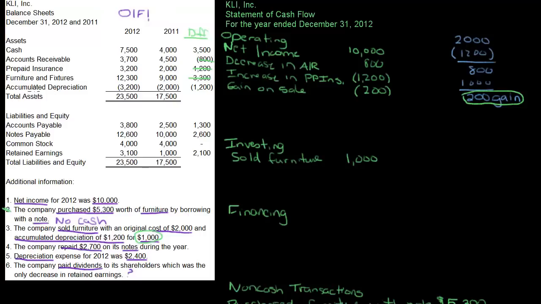Okay. Now, accumulated depreciation changed by $1,200. Well, what do we know about depreciation? It says here we removed $1,200 from the account. Let's do another calculation. We took out $1,200. But then our depreciation expense was $2,400, so then we added $2,400 to the account.